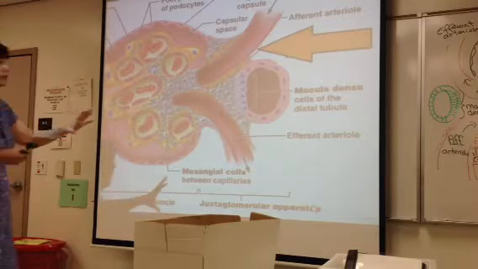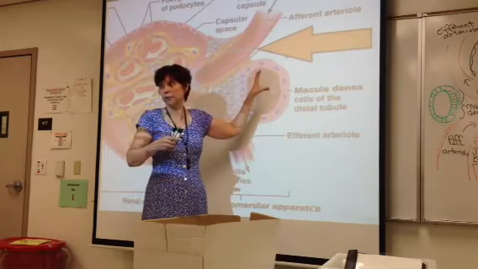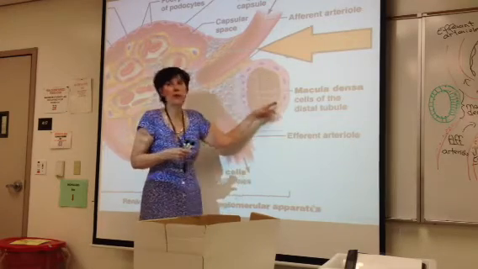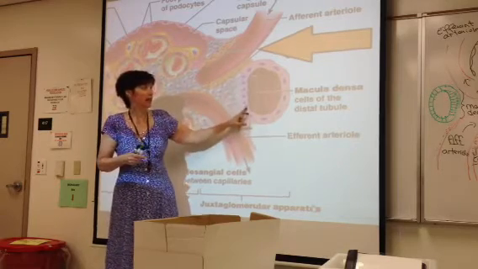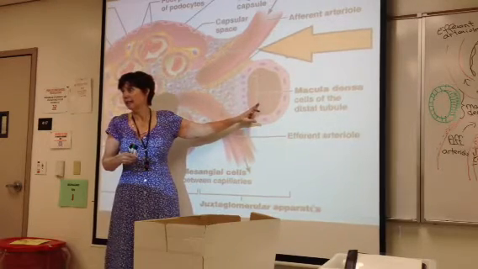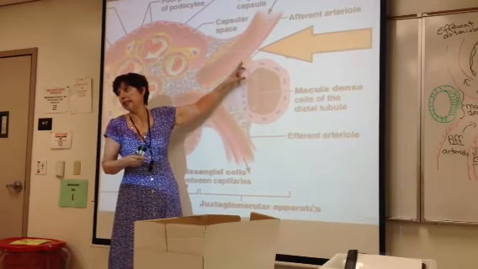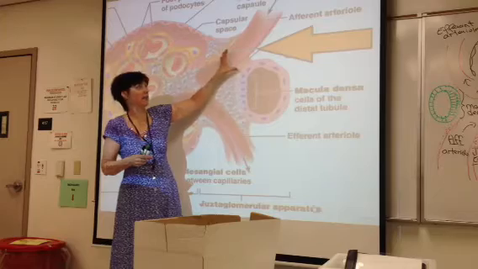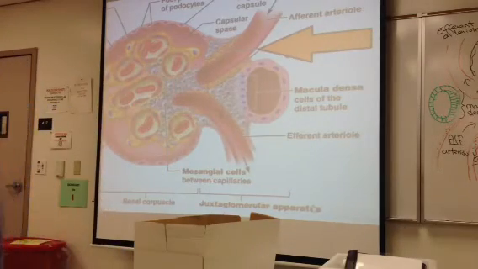So when that filtrate comes back up at the distal tubule, it's going to have fewer sodium ions than normal. The macula densa are sensitive to that, and they send a signal to the afferent arteriole. They release prostaglandins, and that causes changes in the afferent arteriole, and that changes flow rate.